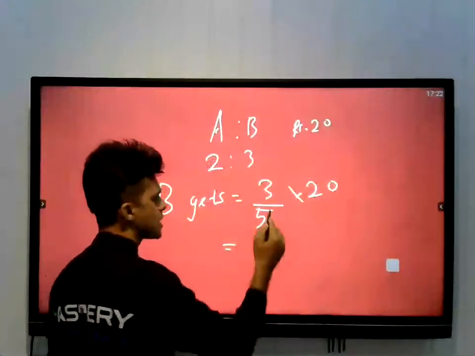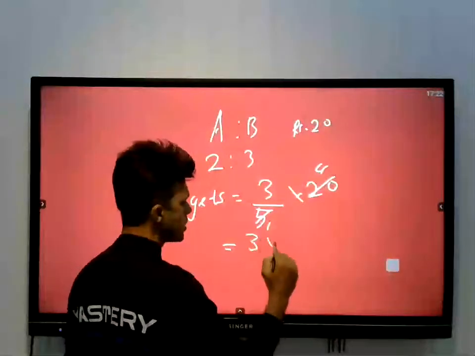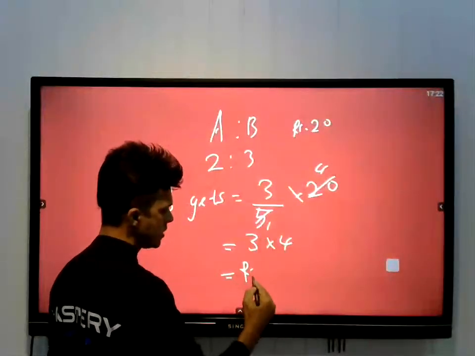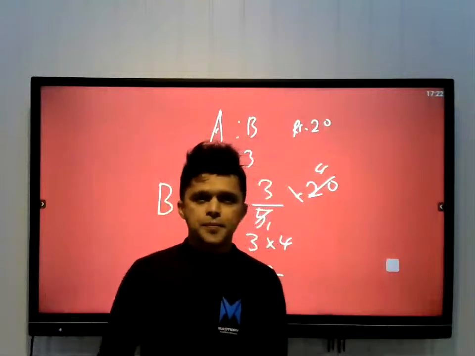You could simplify that, 1 time and 4 times. Then 3 times 4 is 12. The value taken by B is 12.